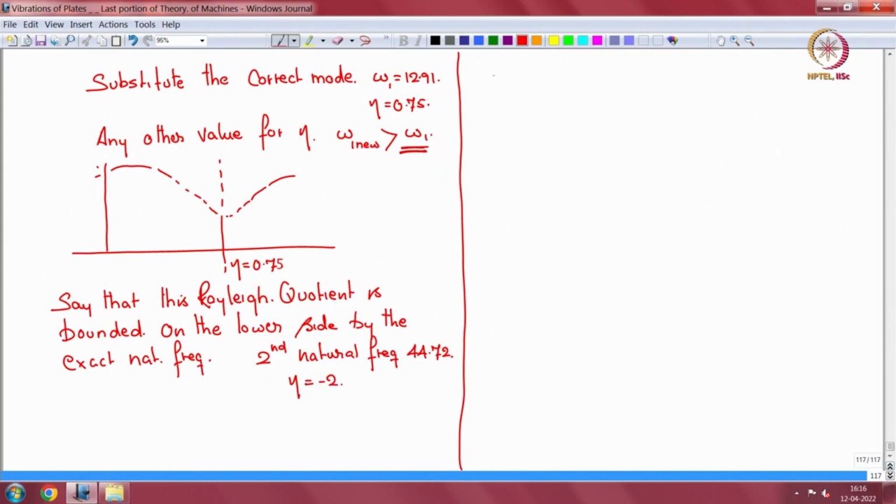So the general displacement can now be represented by some g1, a constant, times 0.75, 1.00, plus g2 times minus 2.0 and 1.00.